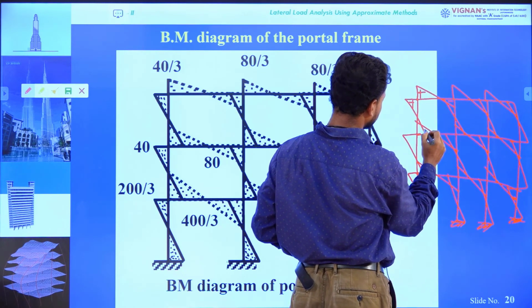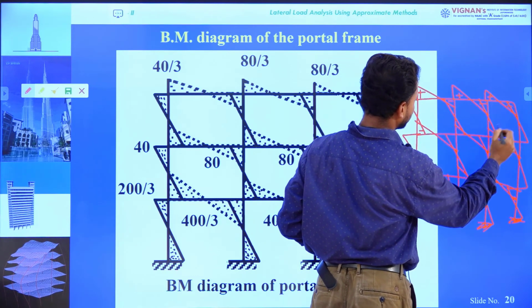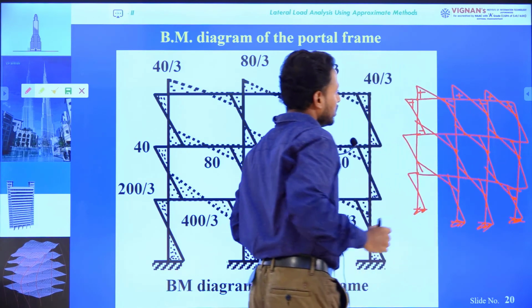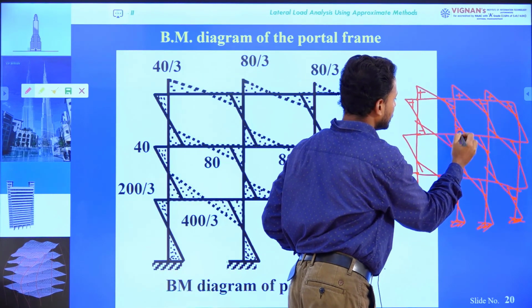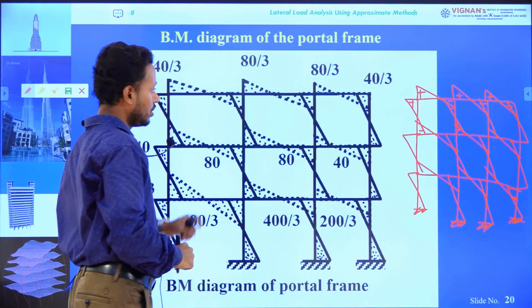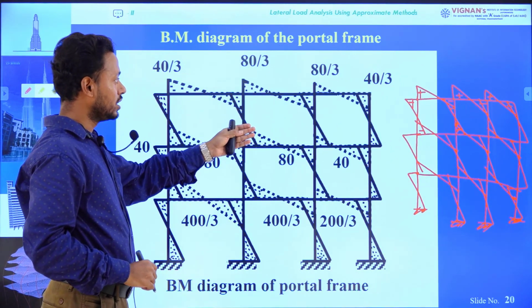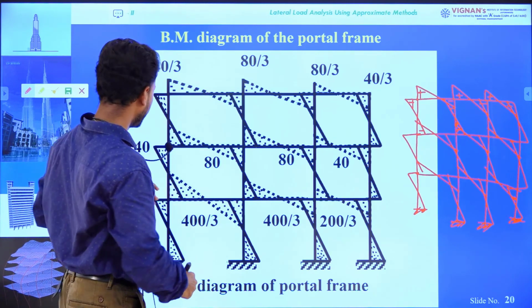This is positive, this is negative. Positive, negative, positive, negative. And here positive. So in this way you can draw the bending moment of each beam and each column according to the calculated value.